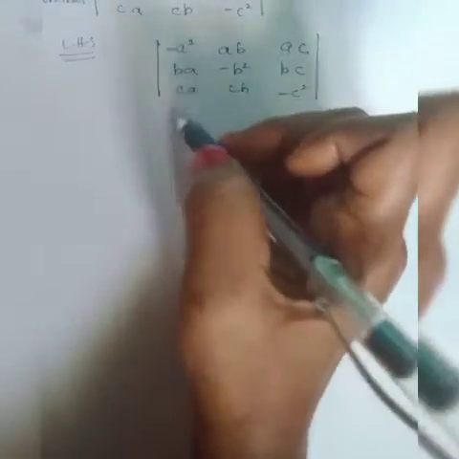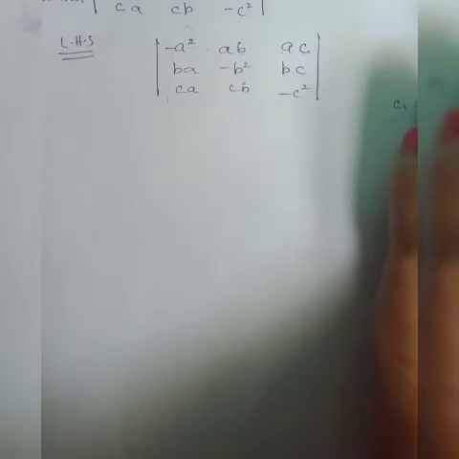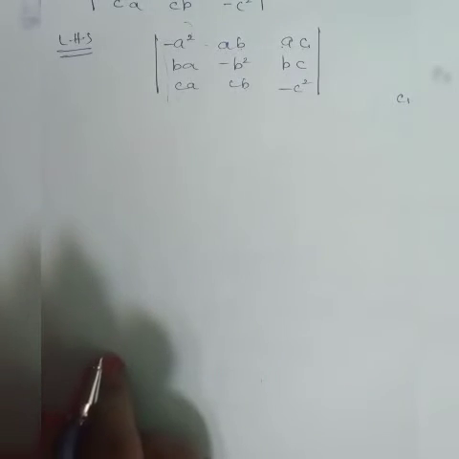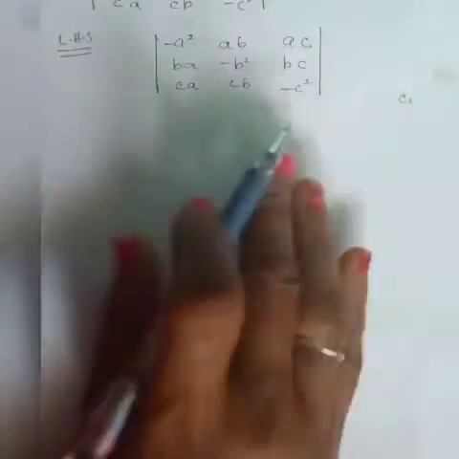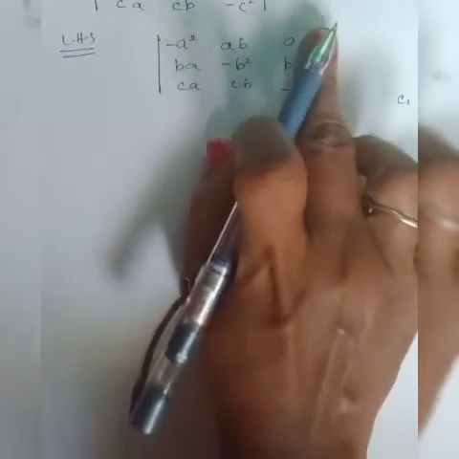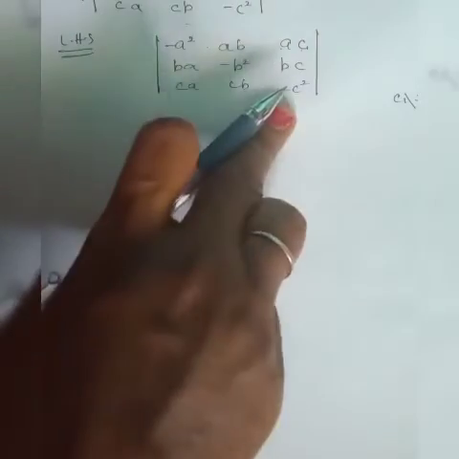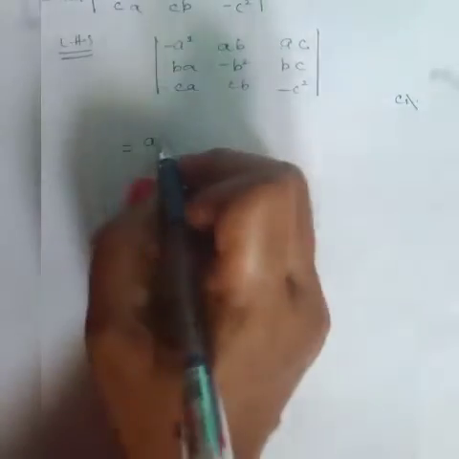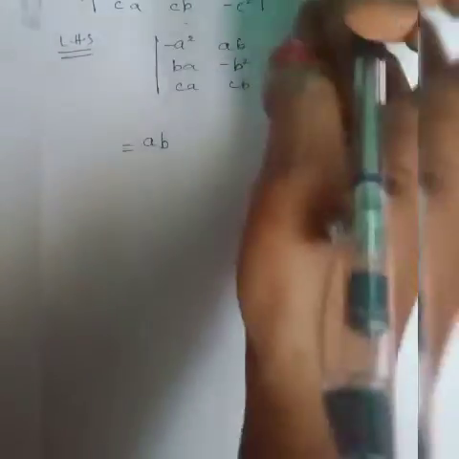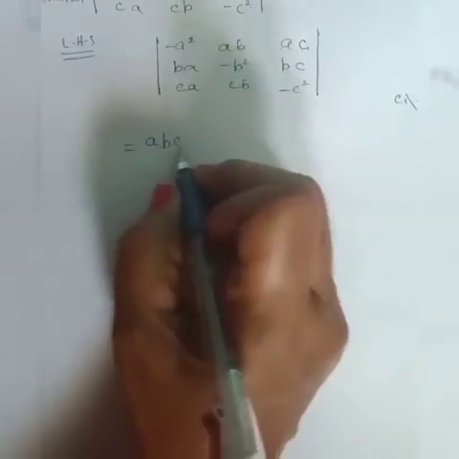So from column 1 I can take a outside, from the second column I can take b outside, and I can take c from column C3. So a from column 1, b from column 2, c from column 3.